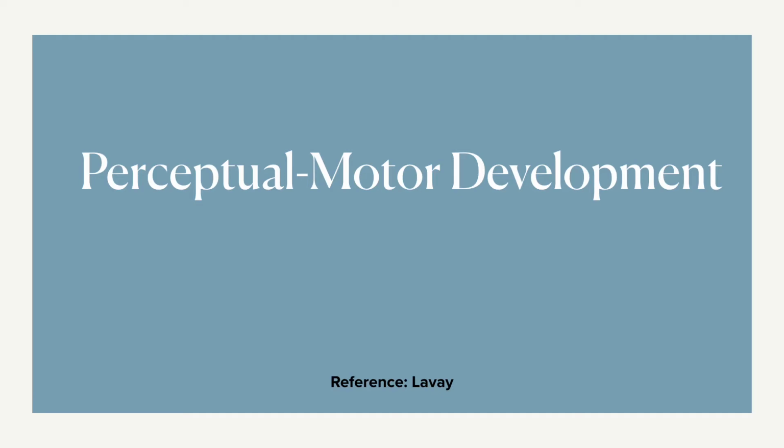So some deficits related to perceptual motor ability are often named as characteristics of people with learning disabilities. So for example, they have poor spatial orientation, they have difficulty with body awareness, they have clumsiness or awkwardness, they have poor balance. These are the perceptual motor deficits that we need to understand.